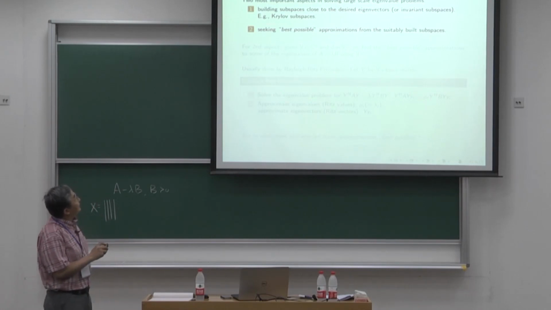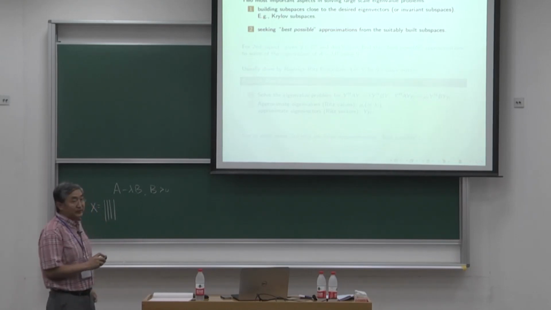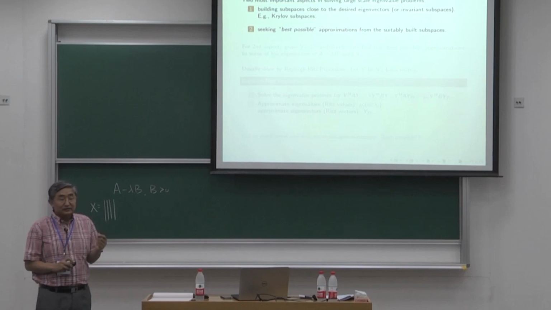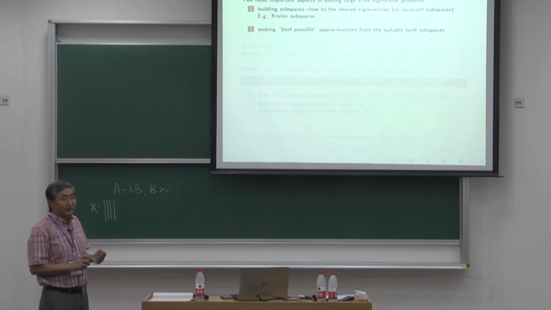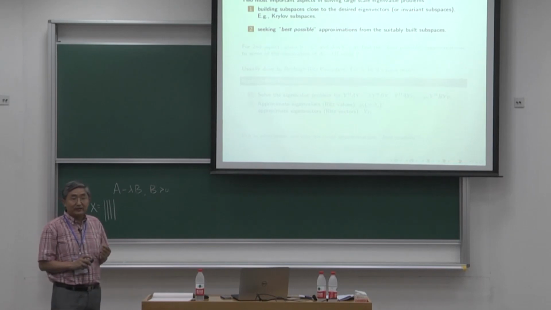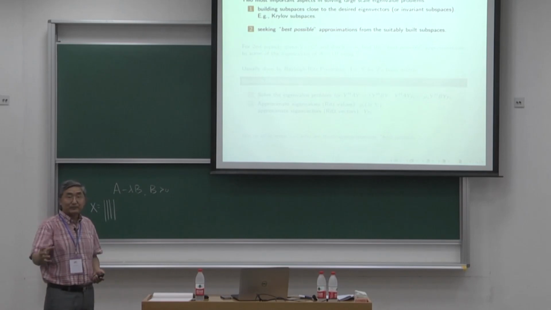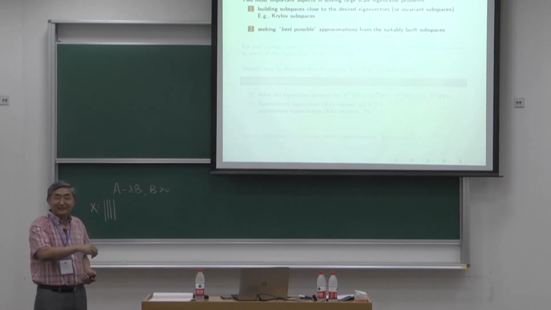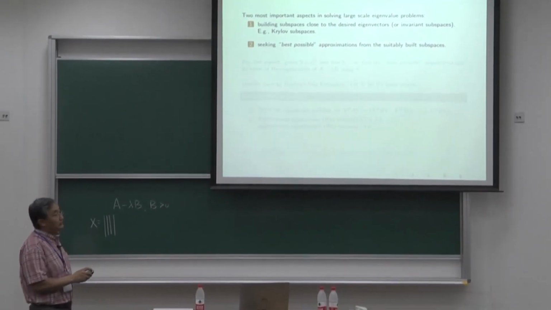To summarize, there are just two things for solving a large-scale eigenvalue problem. One is build a good subspace, a subspace that is as close as possible to the invariant subspace or eigenvectors. In fact, if the subspace you want to find is in the space you build, then you have the solution already. So that's the first thing.